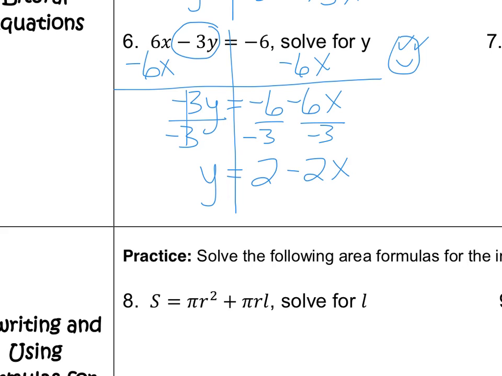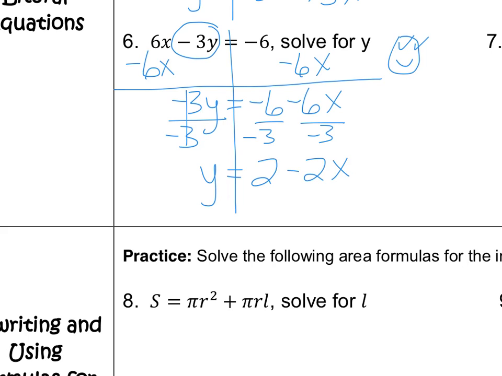Notice when I moved my negative 6x, I did not put it under my negative 6. And then on my negative checker, I verified that I brought down my negative 3y. That's a huge mistake that's made. And that got me my first check mark. And the second one was I verified that I divided by a negative 3. The second major mistake that happens when dealing with negative numbers.